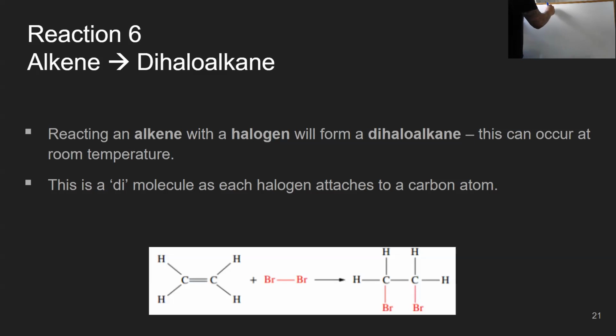So we go from alkene to dihaloalkane. What we're doing here is we're getting rid of the double bond. So we would have, so we add bromine again.